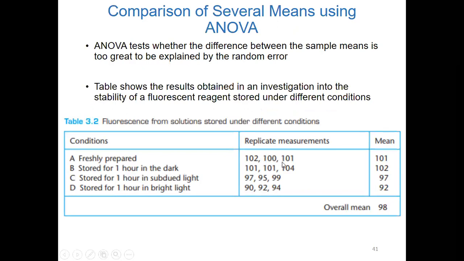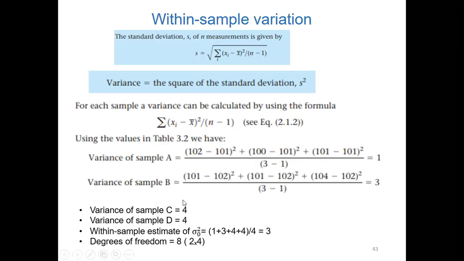Therefore, when we calculate the degrees of freedom, it will be 2, 3 minus 1. Since there are 4 means, there are 4 conditions. We have to multiply n minus 1 by 4. So when we multiply n minus 1 by 4, we will get 8 degrees of freedom. We need this when we do the calculation. That's why I am showing you how to find it. So for the within sample variance, the degrees of freedom is 8.